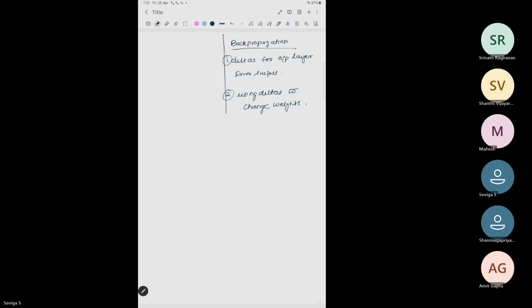So tell me one thing, how can we change the neuron's output? What if I change the neuron's output will change? Just assume that we need to change the neuron's output.